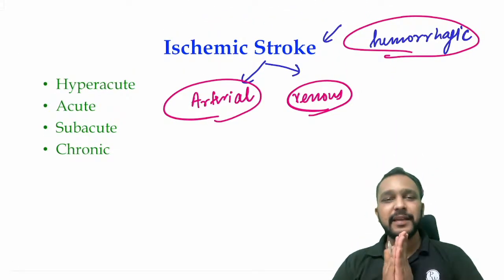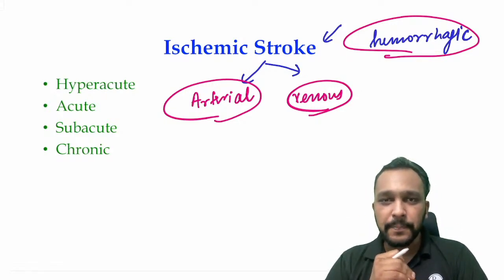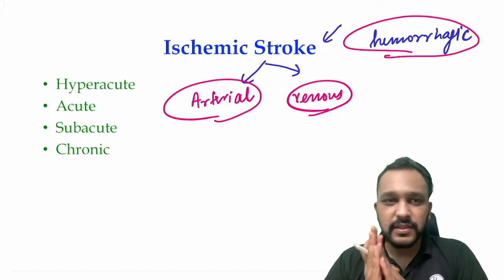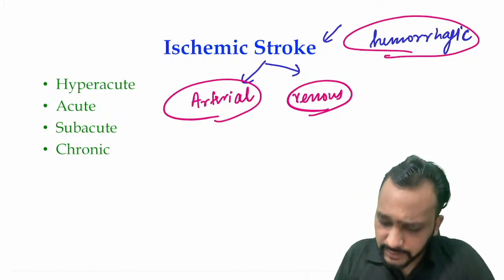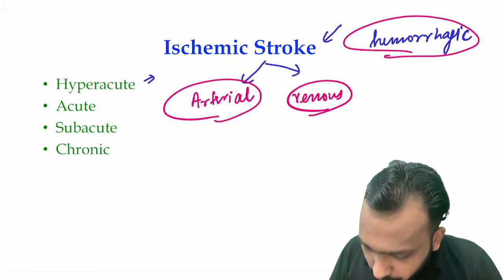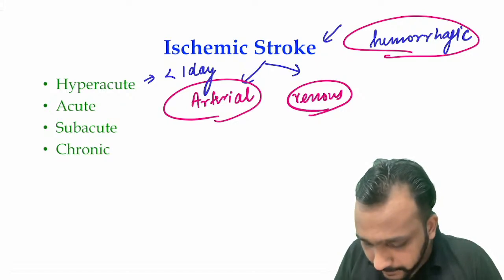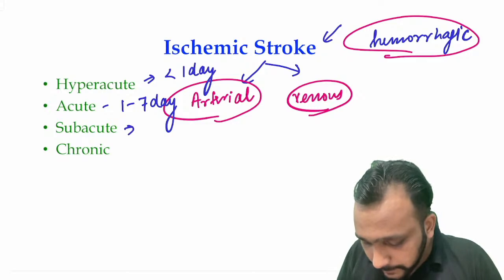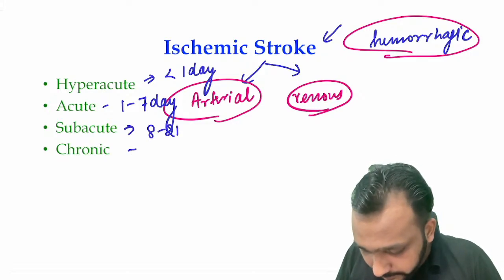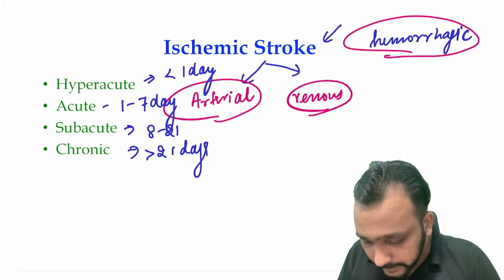So the stroke can be hyperacute, acute, subacute, and chronic. And we need to know the imaging features of all these strokes, right? So hyperacute stroke is the stroke that is presenting to us in less than 1 day. Acute is between 1 to 7 days, subacute is 8 to 21 days, and chronic is more than 21 days, right?